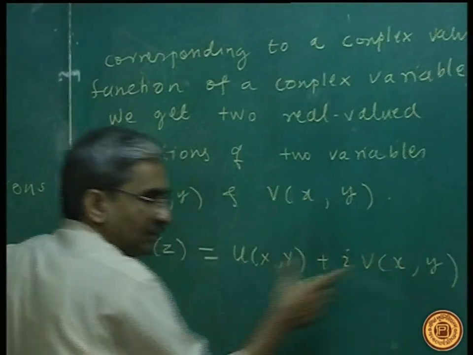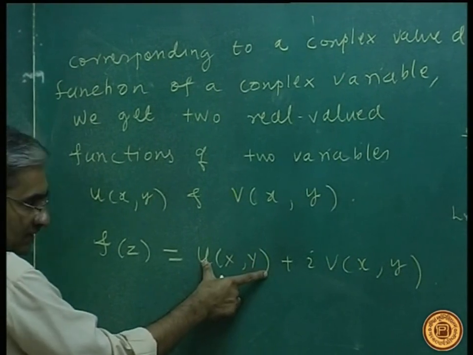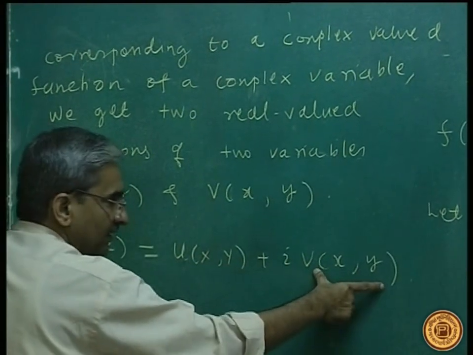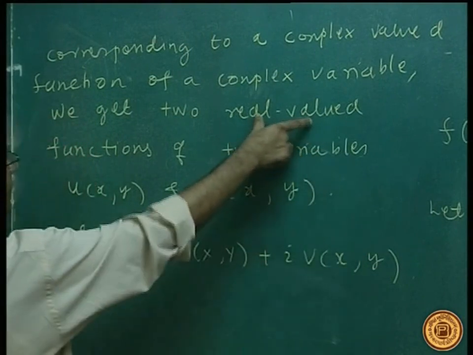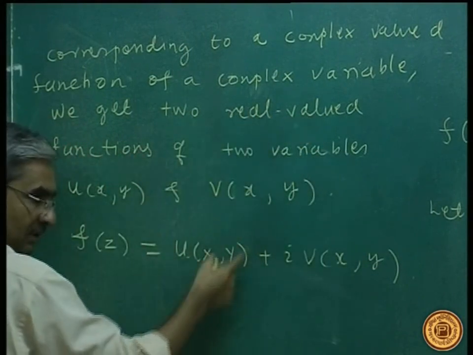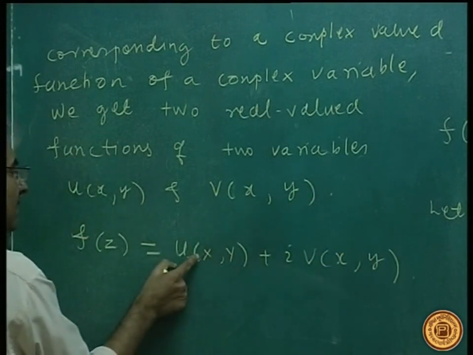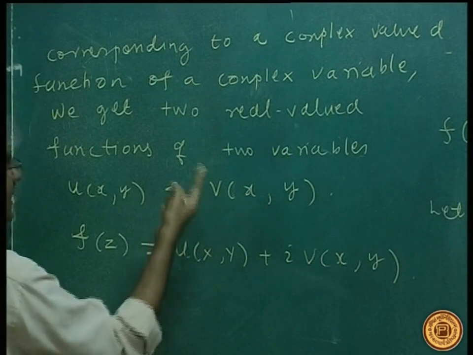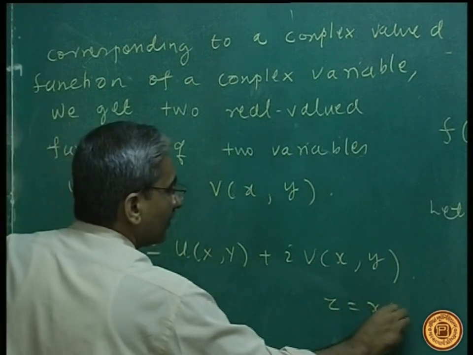So a function also has a real part and an imaginary part, where the real part is a real function of two variables and the imaginary part is a real function of two variables. So these are two real functions. This is the real part, of course, and this is the imaginary part. And this real part of f depends on x and y, where z is x plus iy.